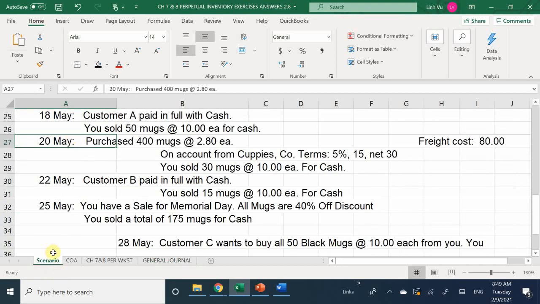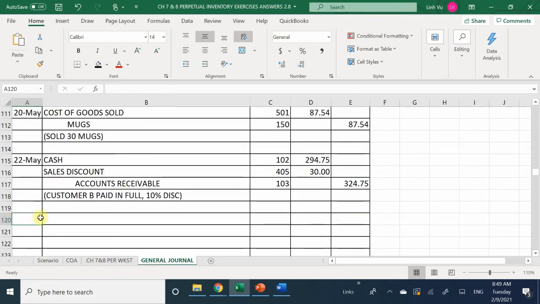All right. So now on the 25th, what else had happened that same day? We sold 15 mugs at $10 each for cash. Good. We sold 15 mugs.